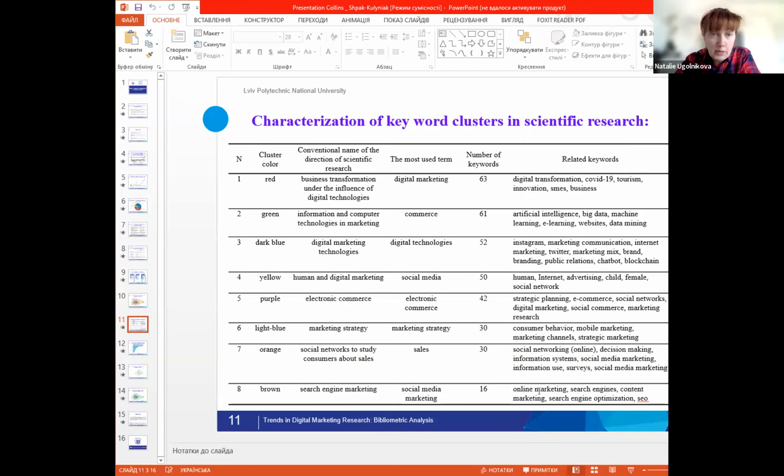And then we have business transformations containing some really wide notions, because digital transformation seems to have relation to almost all these topics.